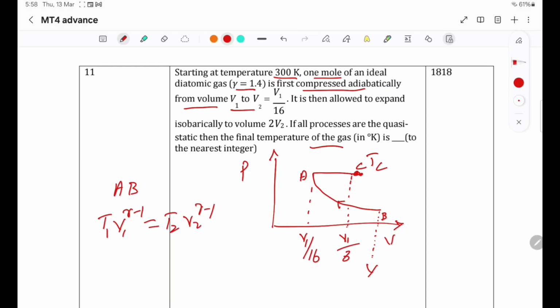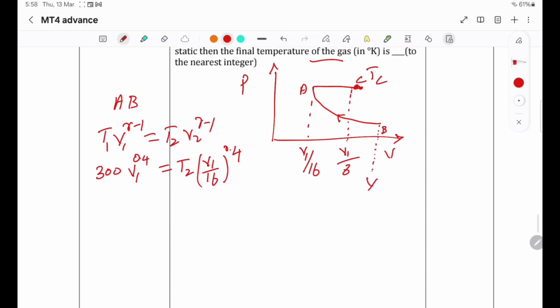T1 is 300 Kelvin, so 300 into V1 to the power 0.4 (gamma is 1.4) equals T2 into V2, that is V1/16, to the power 0.4. Here we can find T2.